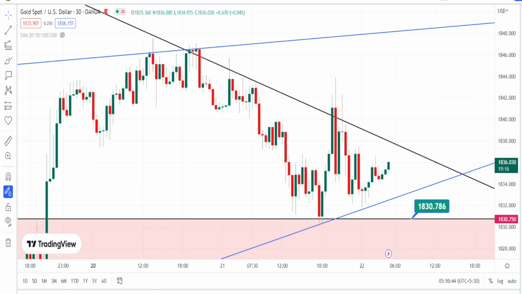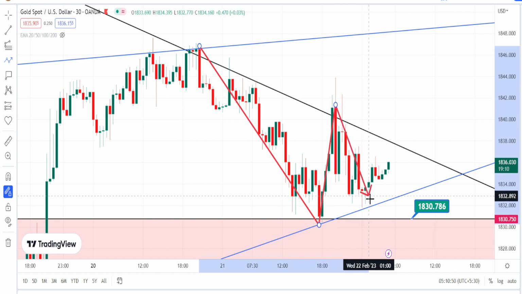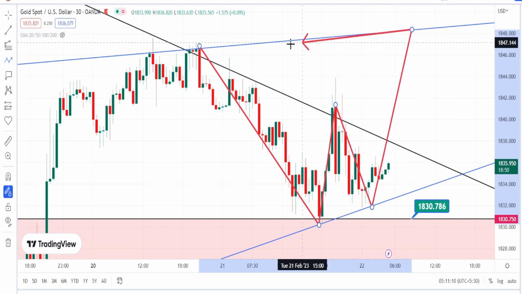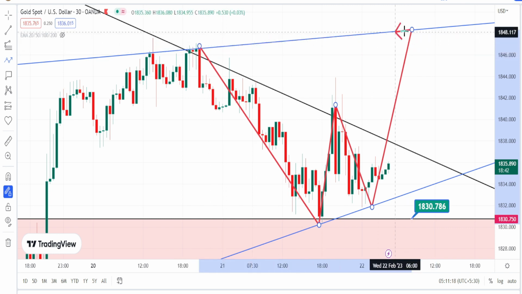I'm in 30 minutes time frame. When we look at the price action in 30 minutes time frame, we are clearly seeing a price action to form a double bottom pattern. So once the price action breaks the neck level of the double bottom pattern, which is going to be around 1840, we can expect the bullish side bounce back to start. And next level of resistance is going to be around 1840, which is the resistance line from the hourly time frame.